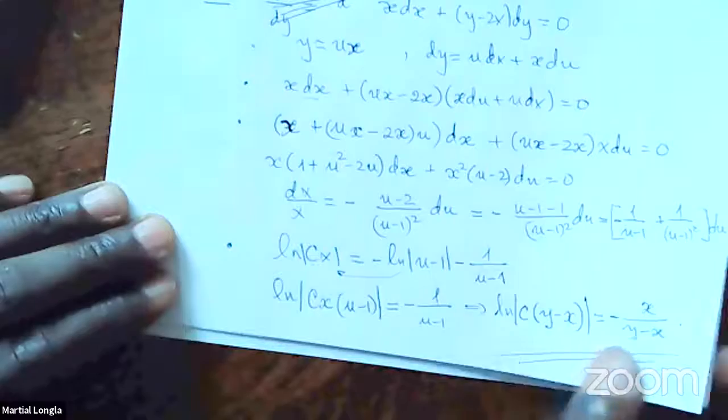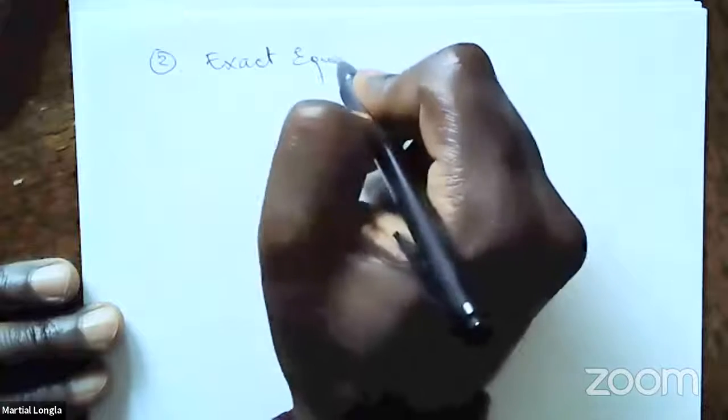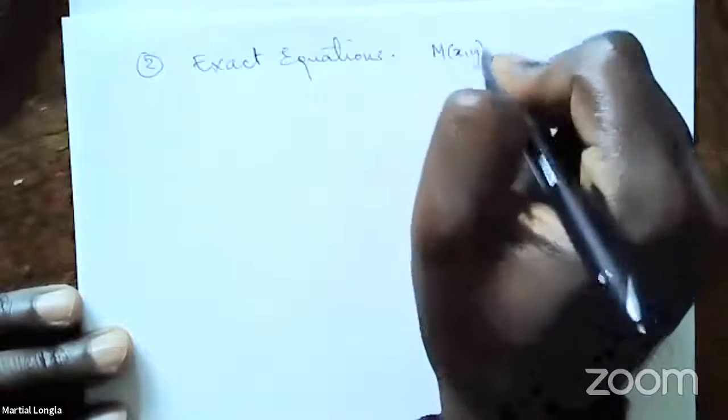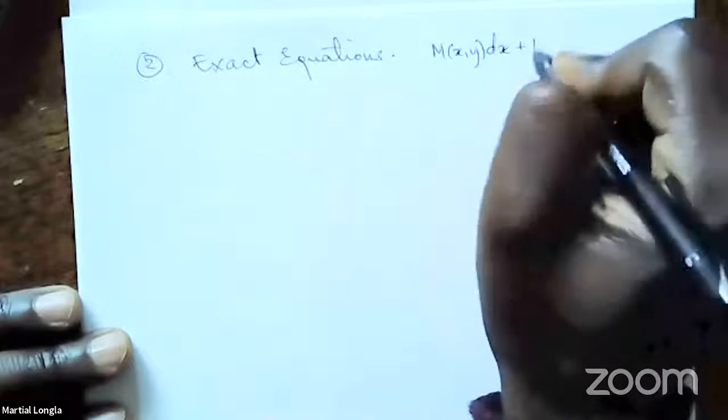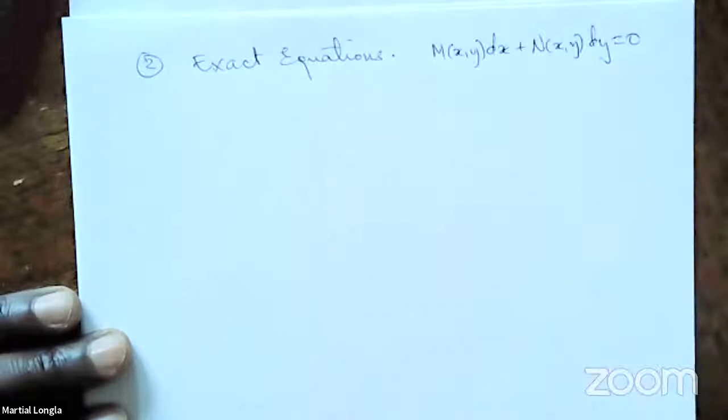The next topic is exact equations. For exact equations, you have an equation of the type M of x y dx plus N of x y dy equals 0.